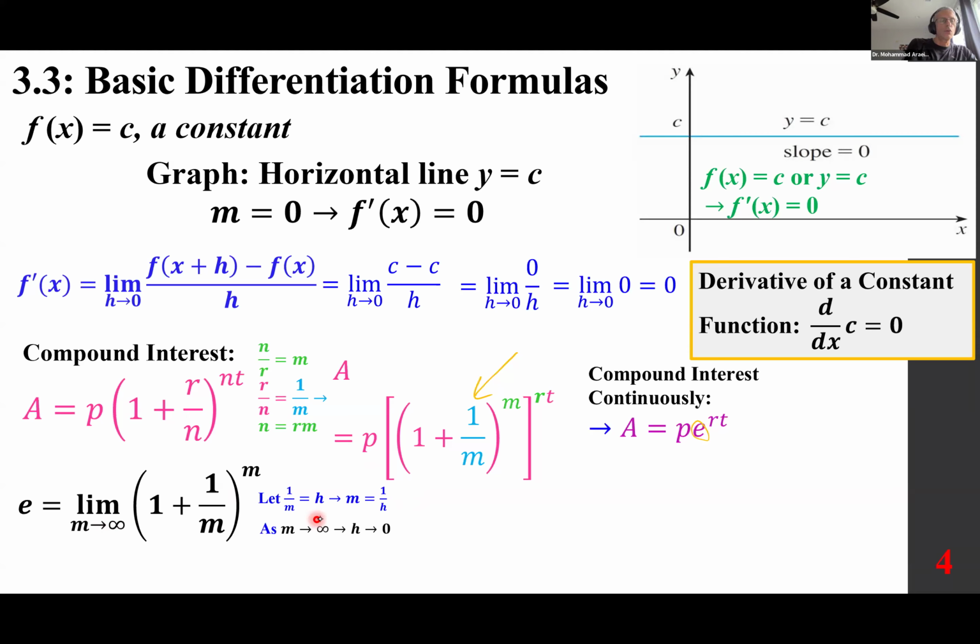So we're going to write the limit of 1 plus 1 over m, and call it h. m becomes 1 over h, and if m approaches infinity, h approaches 0. So we have another definition for e: the limit of (1 plus h) to the power of 1 over h as h approaches 0. And as you know, e is an irrational number, 2.71828, and it continues indefinitely.